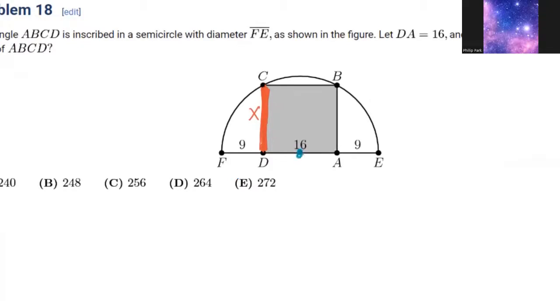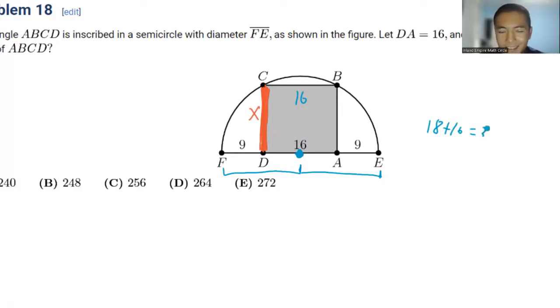Well, I guess first of all, we know CB is 16. Good. And yeah, the entire thing would be 18 plus 16, which is like 34, I think.